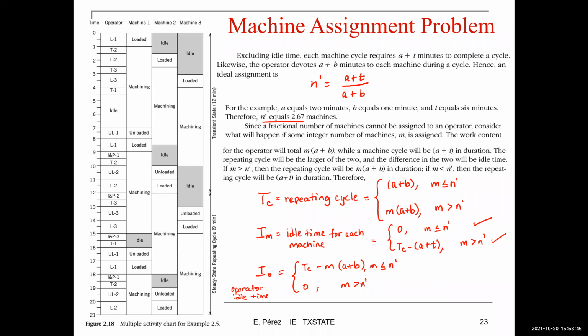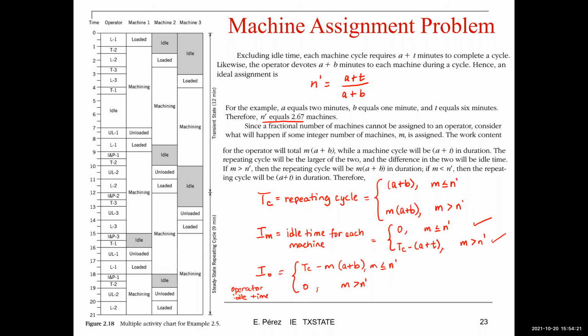But if the number of machines is less than or equal to N prime, then these operators will experience some idle time, and that idle time is given by Tc minus M times (A plus B). So the question is, which way do you want to go? Do you want to keep your employees always busy, or give them some idle time to rest during the work shift? Based on your strategy, you can find the right balance.